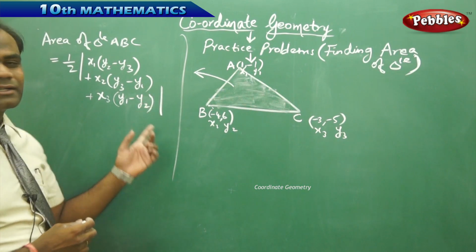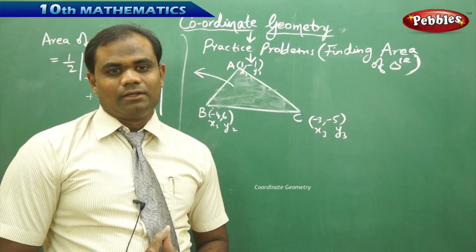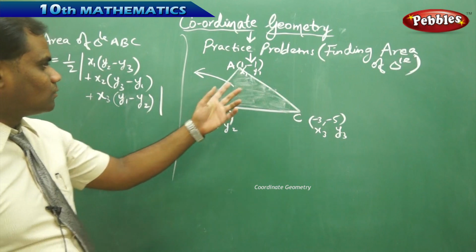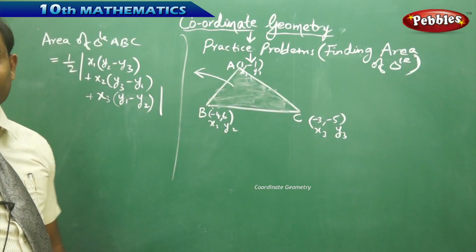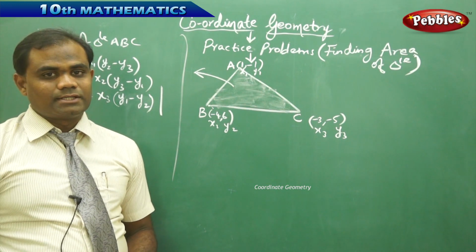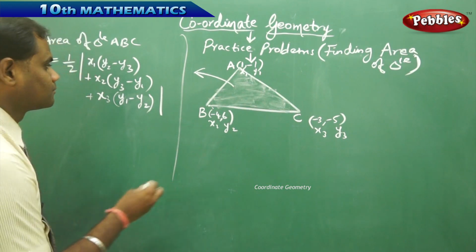Now substituting each of x1, y1, x2, y2 and x3, y3 in this formula, we get the area of the triangle. So let's see how the substitution is done.